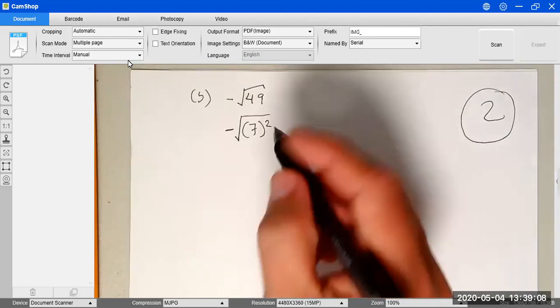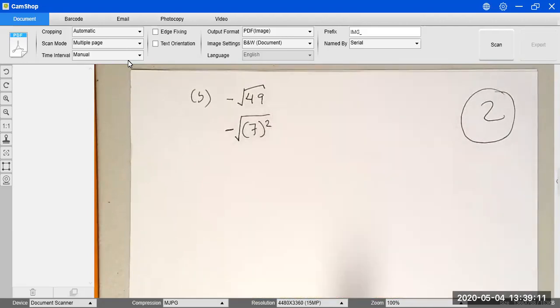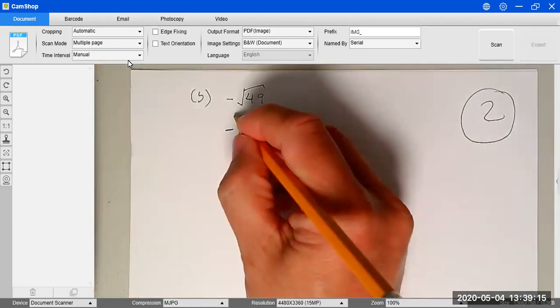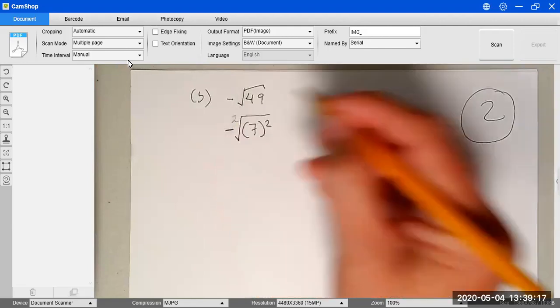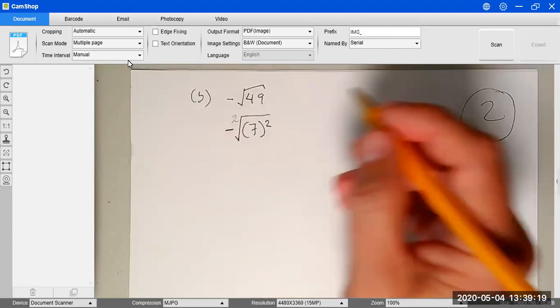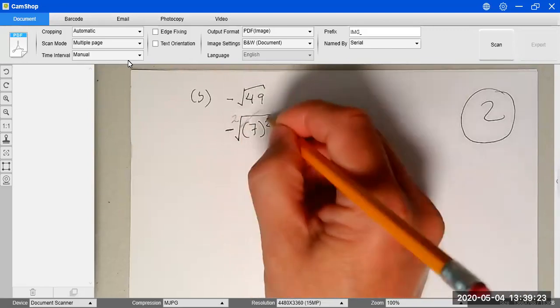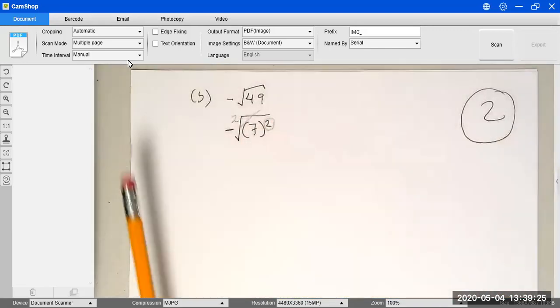You can see here that you can cancel again the radical, because this radical is of index 2. Remember, sometimes we don't write this, sometimes you can write it just for you to remember. So we are removing the radical and the exponent at the same time.